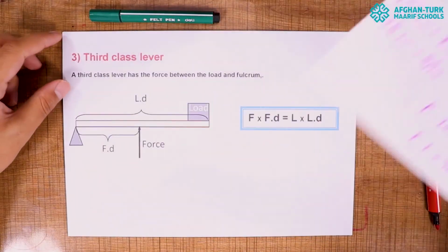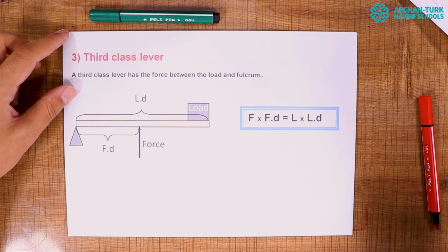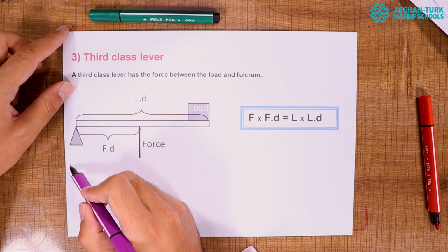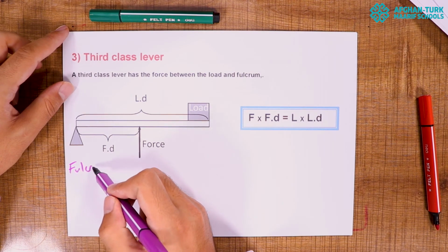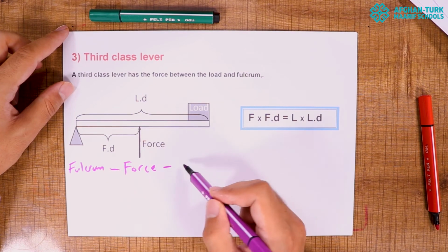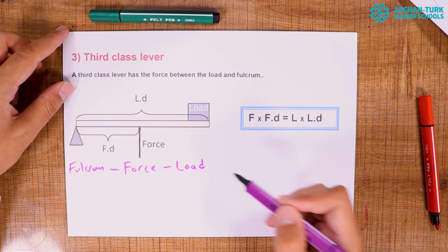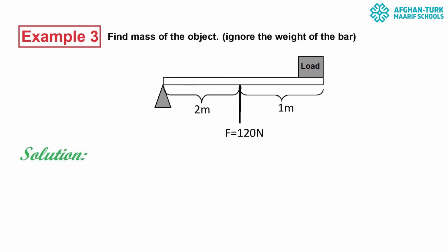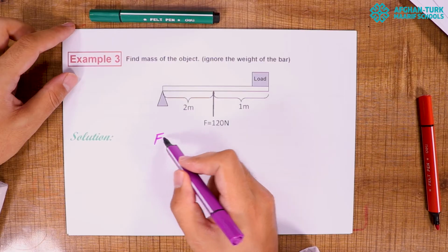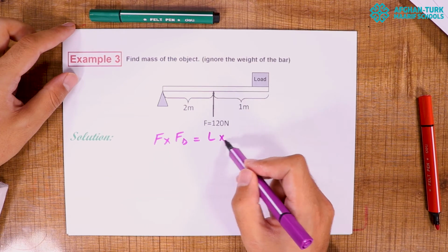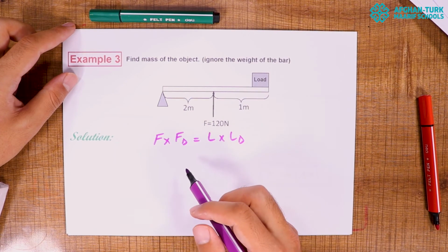Let's continue with the third class lever. Again, we have fulcrum here, force, and load. This is our final combination in levers. Let's look at the example. Find the mass of the object. Let's write the formula first. F times F distance is equal to load times load distance.